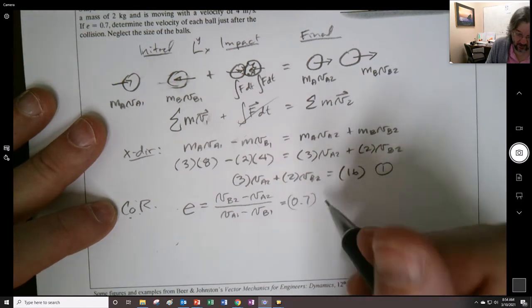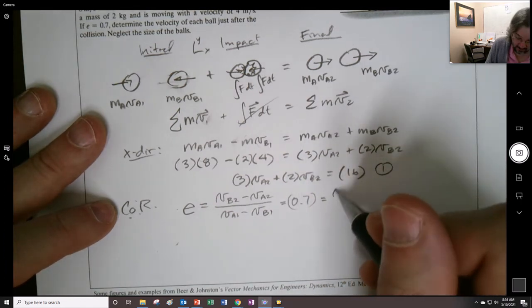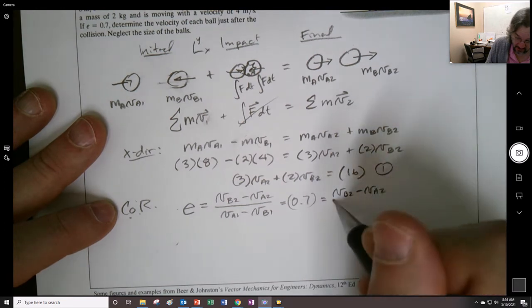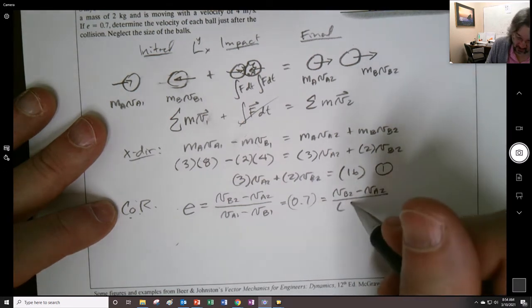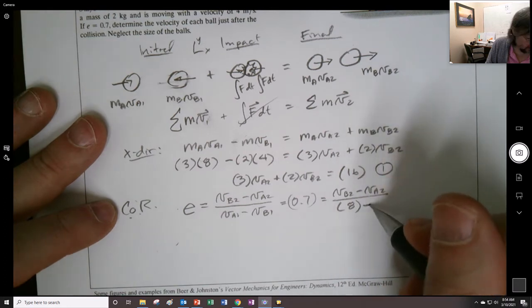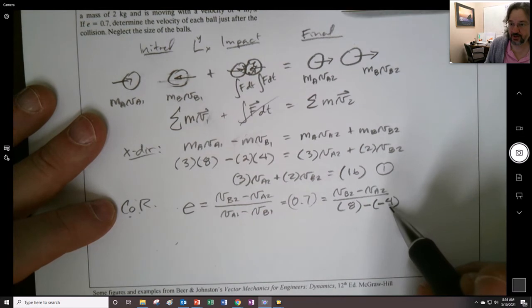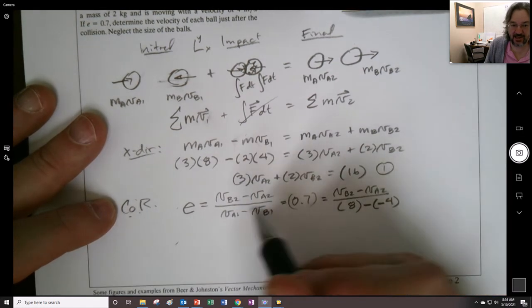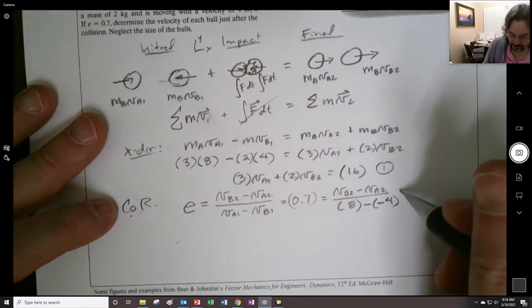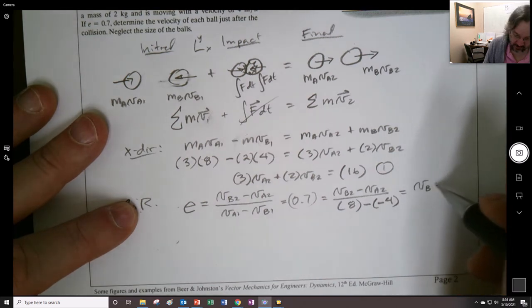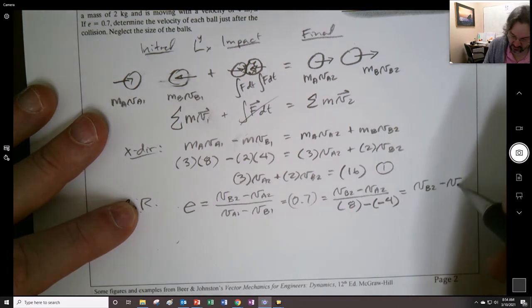We were told the coefficient of restitution. So that equals vB2 minus vA2 over 8 minus negative 4. That's important, right? These still have the direction in them. So what we're left with is vB2 minus vA2, divided by 12 right here.